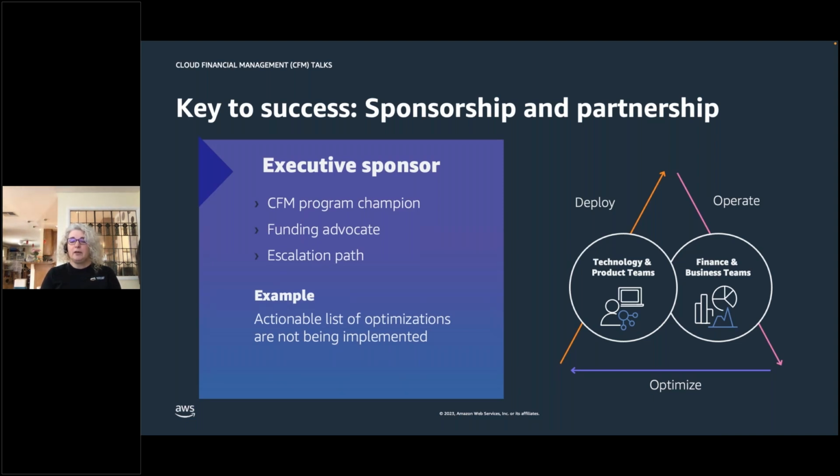A lot of folks work in an environment that tends to be use it or lose it. That funding advocate was able to show that yes, we were under because of the optimizations we did, but we should keep that budget to use in another way, to still make new innovations happen, because that's what they wanted that savings to do.